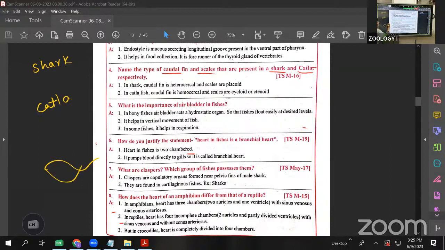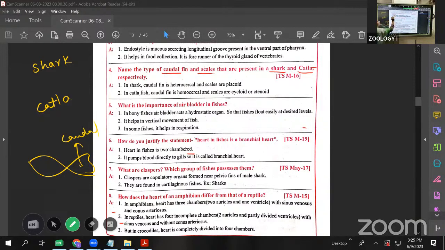The last fin is called the caudal fin. This is how the caudal fin is there, and what type of scales are present there.